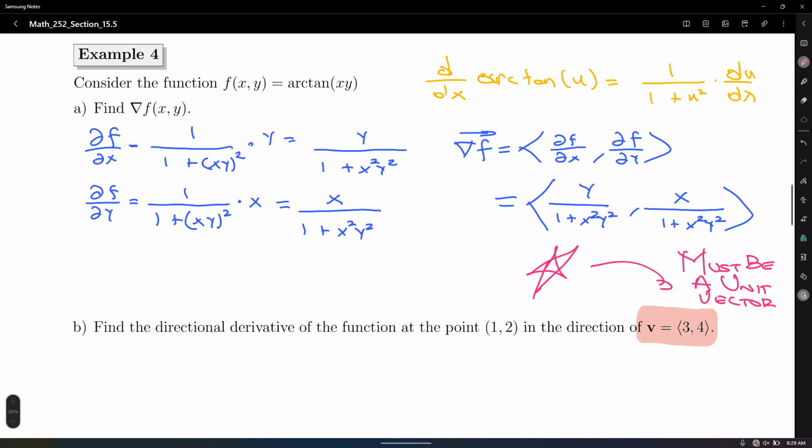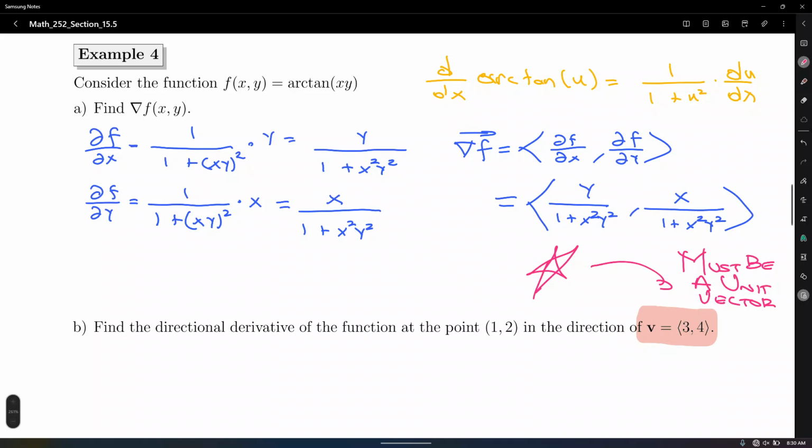And by looking at the components of this vector, it's definitely not a unit vector. I mean, 3 squared, which is 9, 4 squared, that's 16. Okay, 16 plus 9, that's 25. Square root of 25 equals 5. So it's a vector with a length of 5 units.